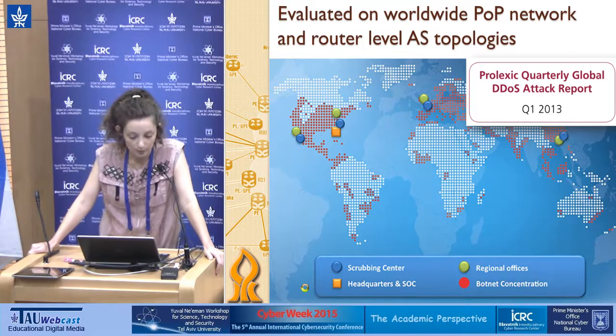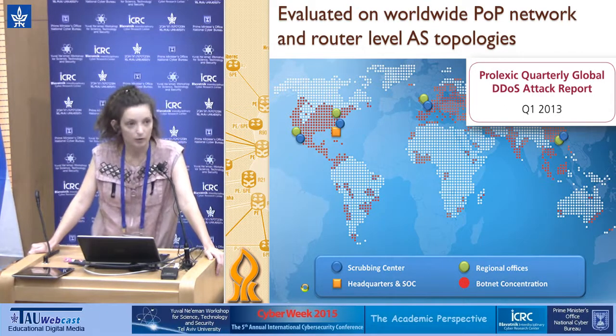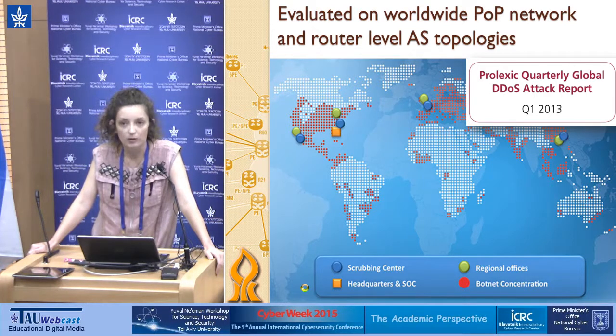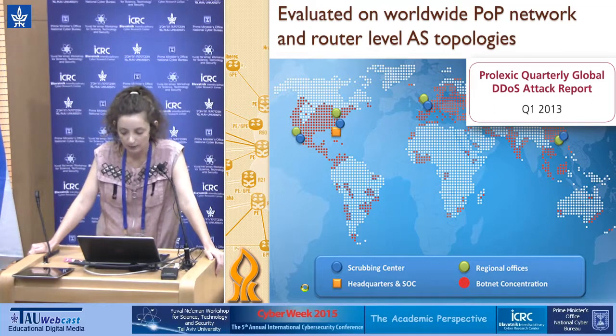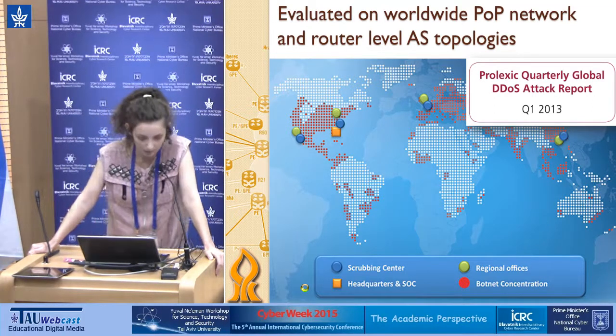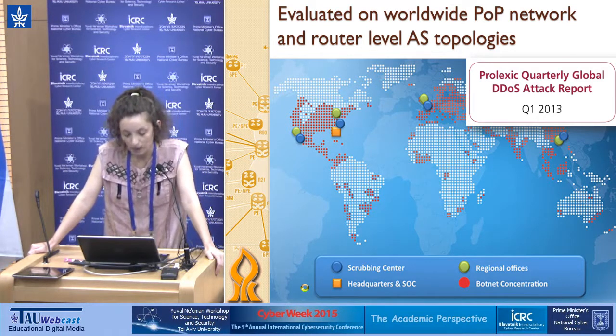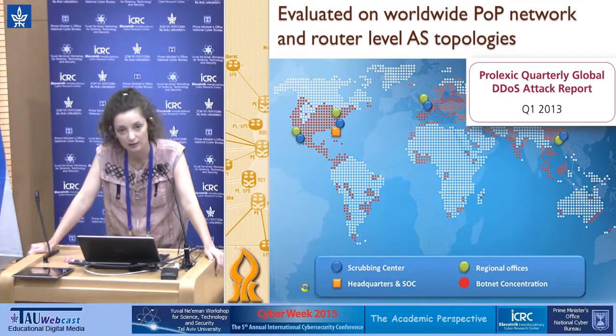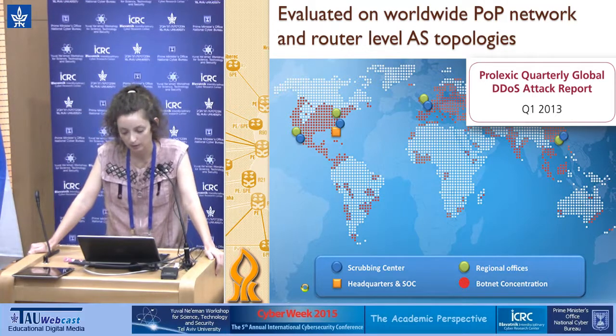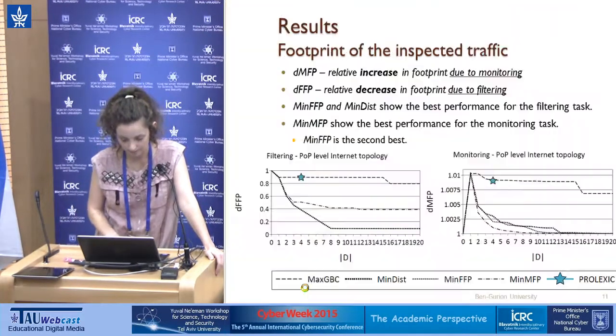For the traffic matrices, we used information about botnet concentrations reported by Prolexic in the Q1 report. We also used the locations of Prolexic's scrubbing centers as the fifth strategy that we evaluated.